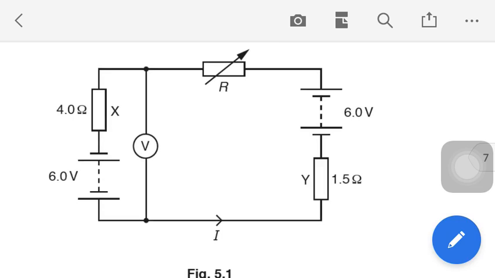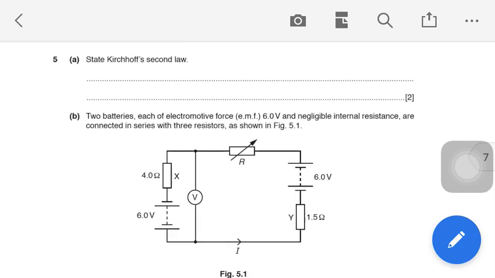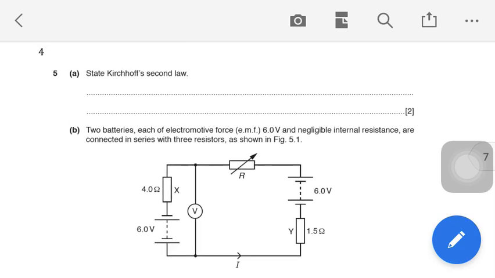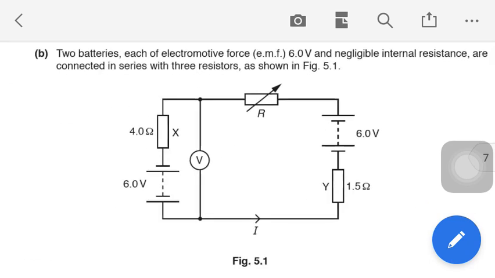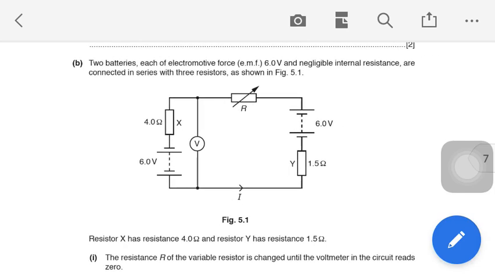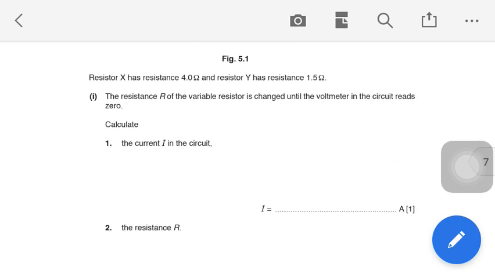So that's something good. With all this, we know that this question falls under the context of Kirchhoff's second law, which talks about EMFs equals PDs in a closed loop, right? So we're going to use that law to solve these questions.